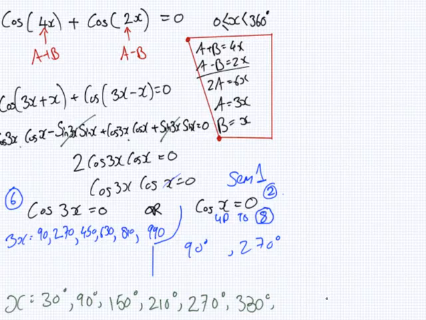So in this case, there's not as many as 8 because 2 of them are repeated, so there are 6 answers. Which ones are they? 90 and 270, I already have them.